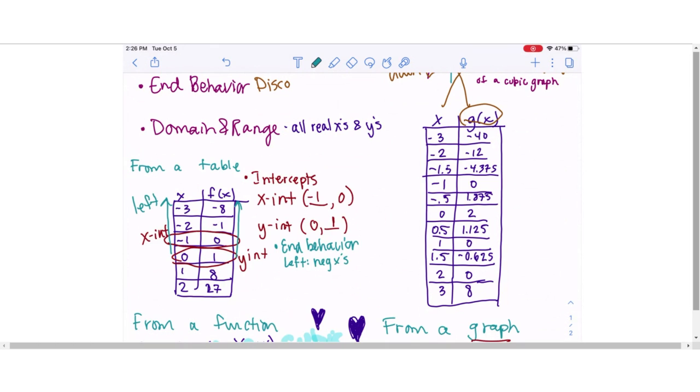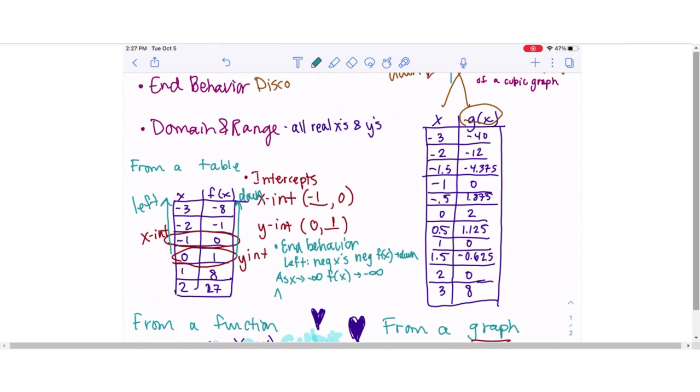Looks to me like they're going further into the negatives, and so it goes down. So left negatives, negative x's means negative f of x, which means down. So as x goes to -infinity, f of x also goes to -infinity.